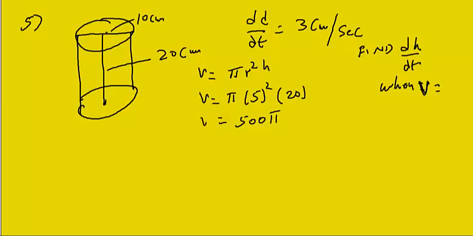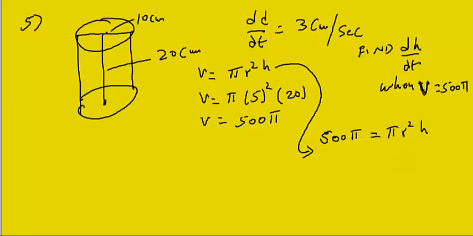So that's my volume. The volume has to stay constant. Volume cannot change. So because volume is 500 pi, I can just plug that into that equation as is. So 500 pi, because it's constant, is equal to pi r squared h.